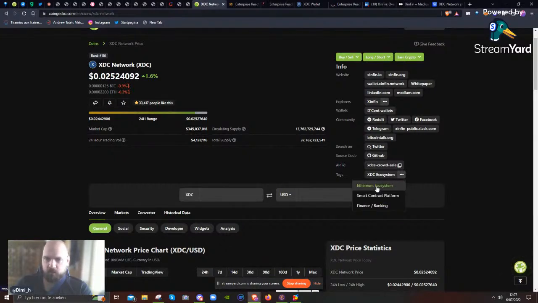So depending on the tags, I'm going to assume they once belonged to the Ethereum ecosystem, created their very own blockchain, and, also based on the little comment I received earlier, that they are a bit of an Ethereum killer. Technically, I don't do it, but as an Ethereum killer, I'm assuming it's going to be an Ethereum alternative, probably with a high focus on finance and banking.